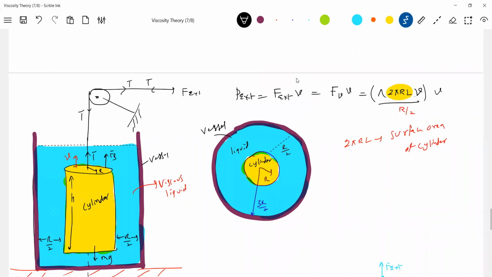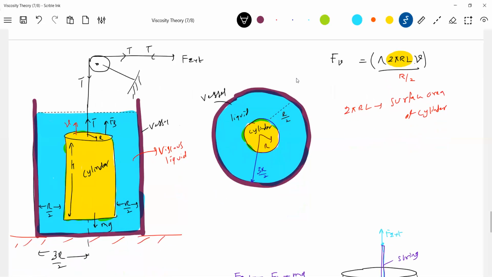Now, let me introduce all. Only viscous drag will be calculated. So what is the external force? Now F external should be equal to, I'll bring everything now: T plus FB is equal to FV plus mg.